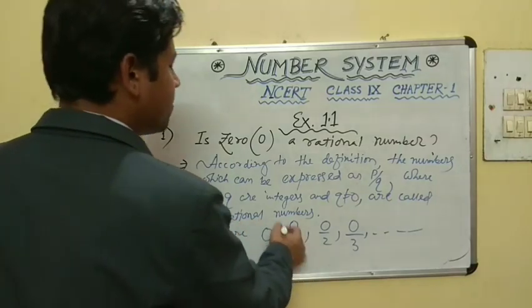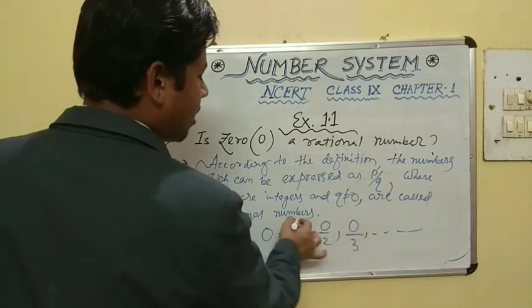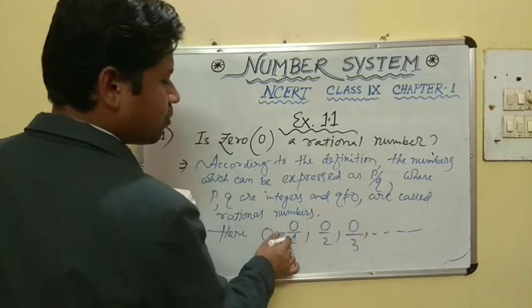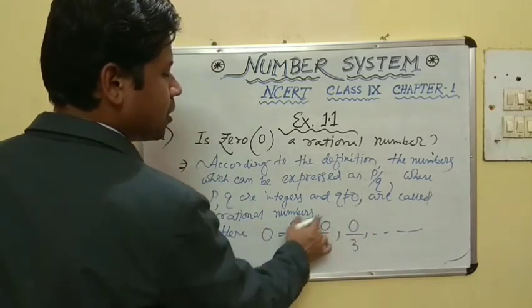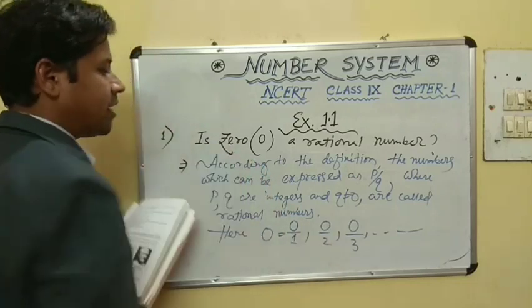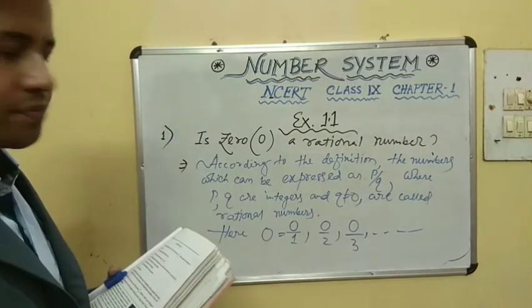So all these forms are in P by Q form. P and Q both are integers, but Q not equals to 0. So that's why it is satisfying the definition.